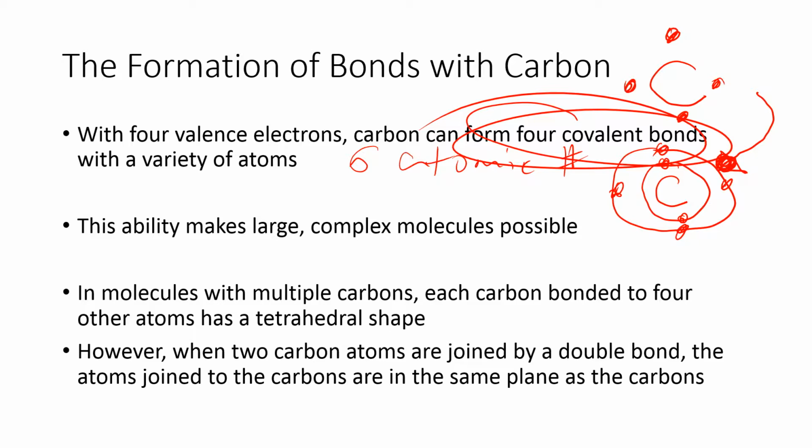We'll talk about how these carbon atoms can be arranged, how they can be strung together in a chain, and how they can interact with other atoms of different types.